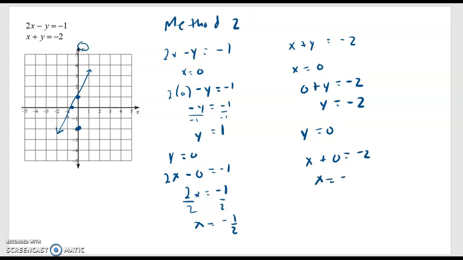And that gives me x equals negative 2. So when y is 0, x is negative 2. So that's out here. From those 2 points, I can build a line.